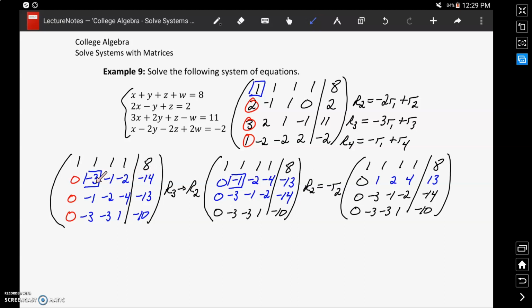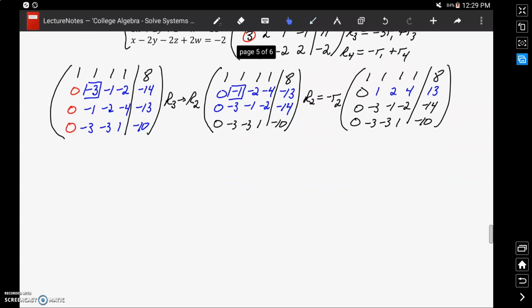That would have achieved our goal, but we also would have ended up with a number of fractions. And I just prefer to keep simpler numbers, in this case integers over fractions. So now what we've done is updated row 2 so that row 2 column 2 is a 1 and we don't have any fractions.